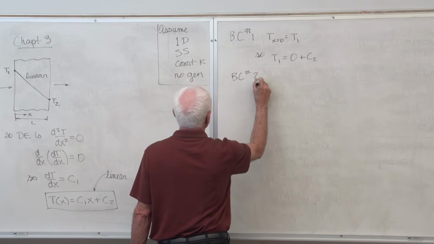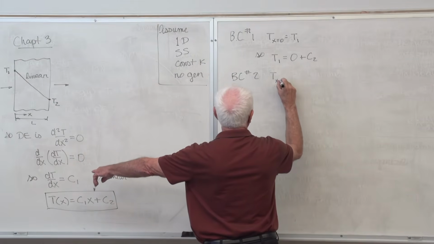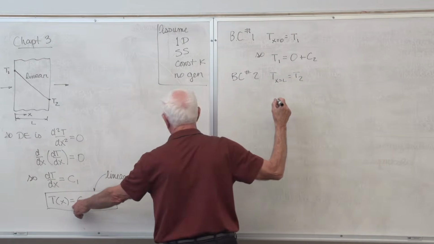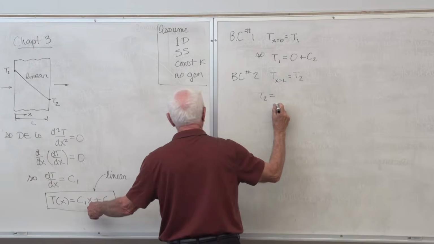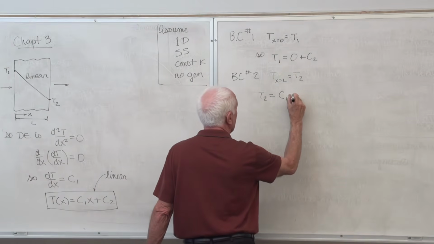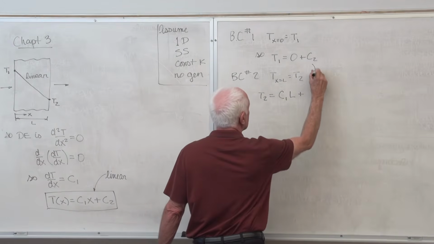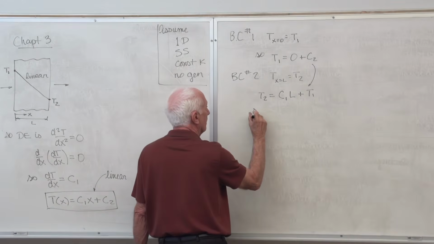BC number 2. I know the temperature at x equals L equals T2. Okay, plug it in here. T2 equals C1 times L, plus C2, but C2 is T1. Solve for C1.